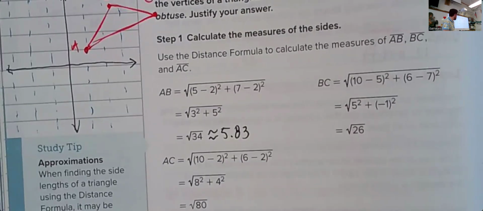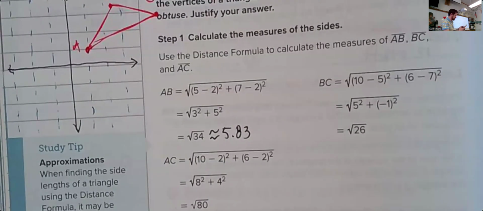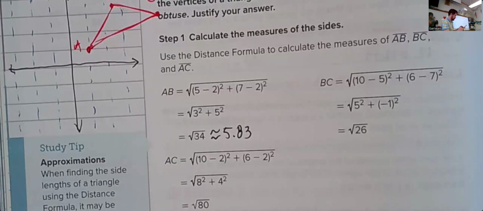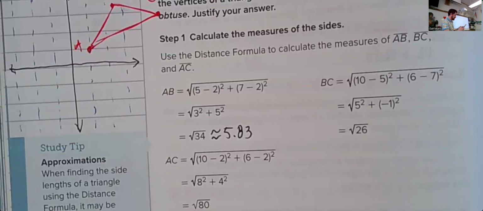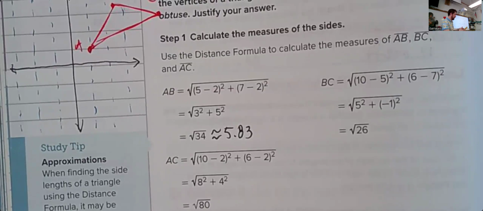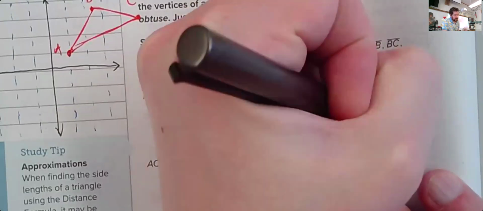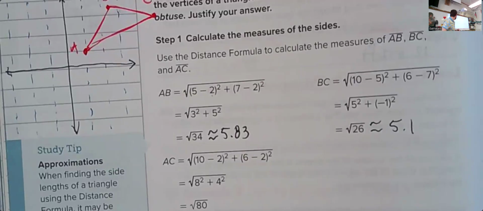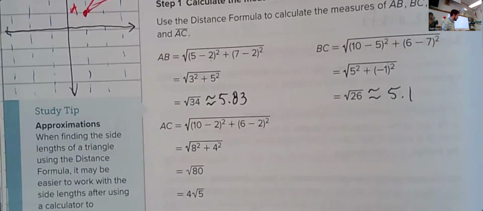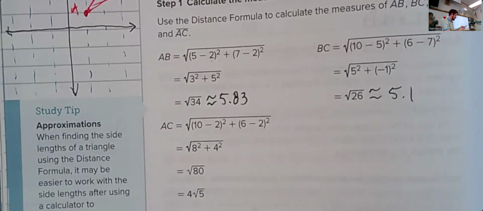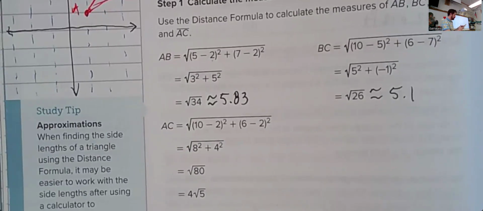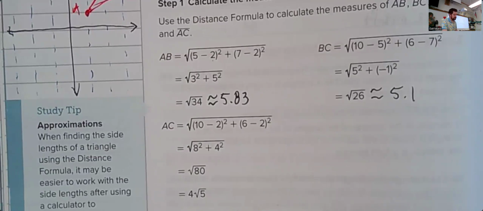The distance between B and C is the square root of 26, which is approximately 5.1, right around 5.1. And then the distance between A and C is 4 times the square root of 5, which is approximately 8.94.